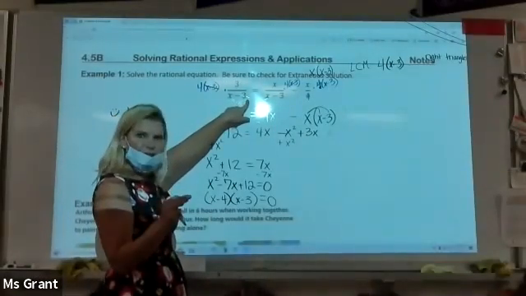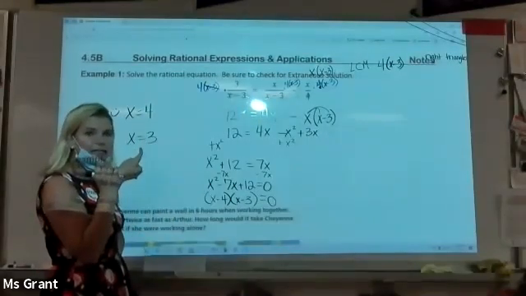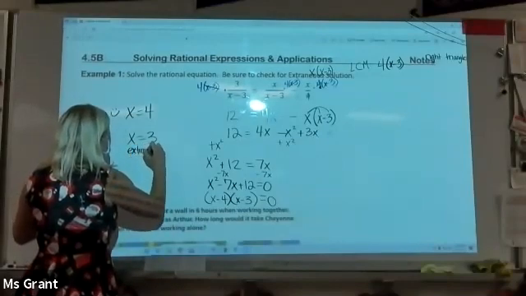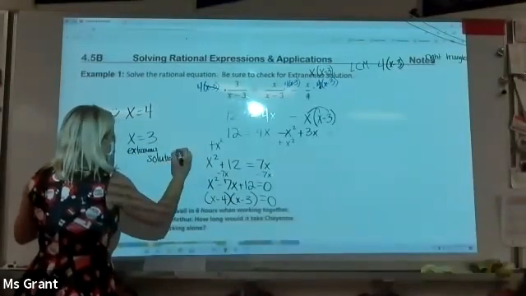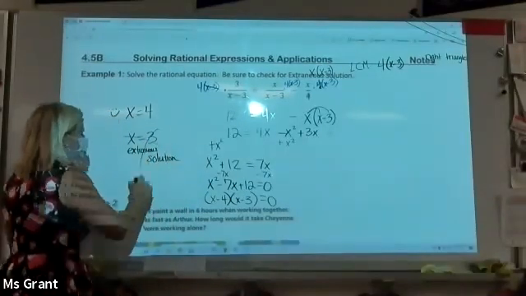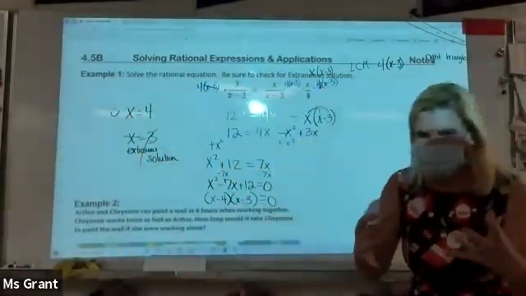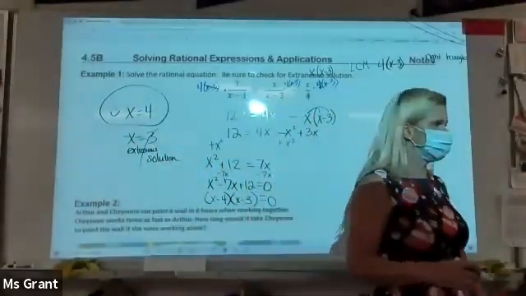I don't want there to be a 0. This number is bad, which means this number is the extraneous solution. I need to know what the extraneous solution is, but your only answer now is x equals 4. That's the correct answer.